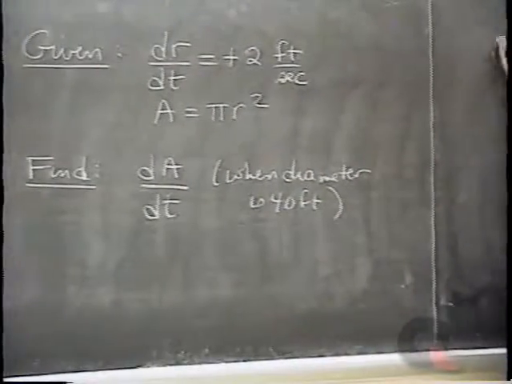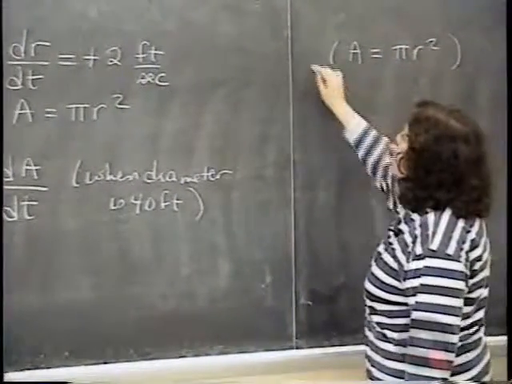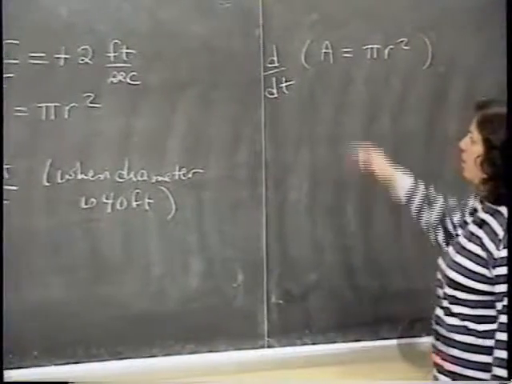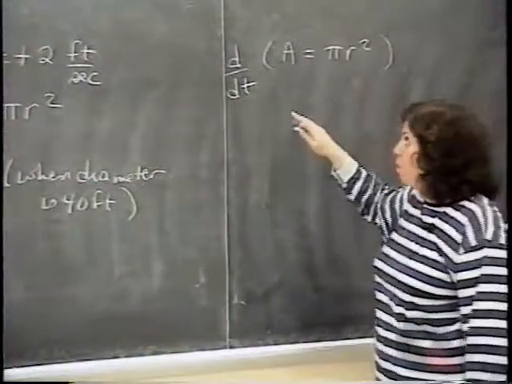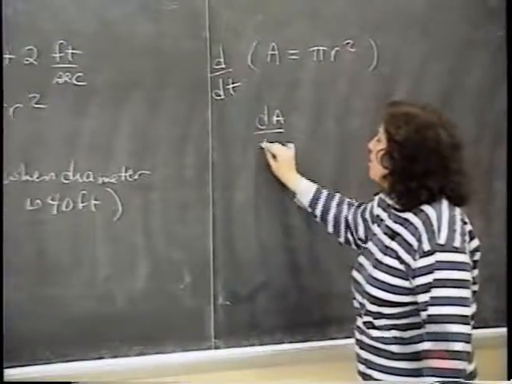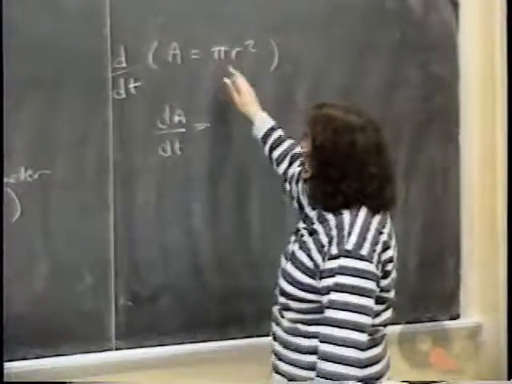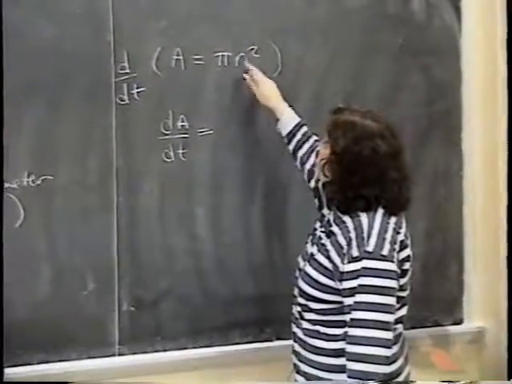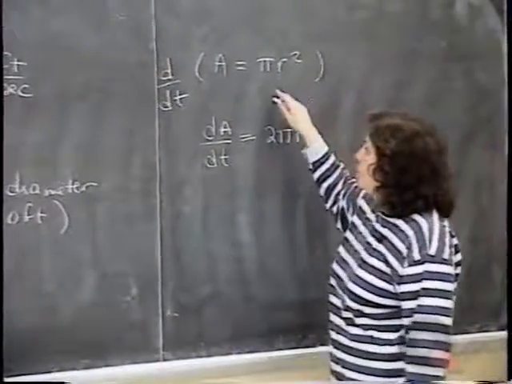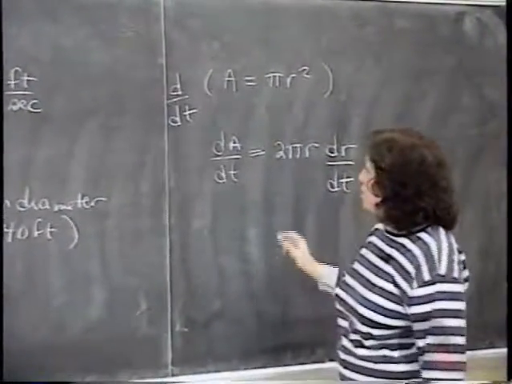If we take this equation, A equals pi r squared, and take derivatives of both sides with respect to t, the derivative of A is 1 times dA/dt. The derivative of pi r squared with respect to r is the constant times the power, r to the 1 less power, or 2 pi r. With respect to t, it is 2 pi r times dr/dt.